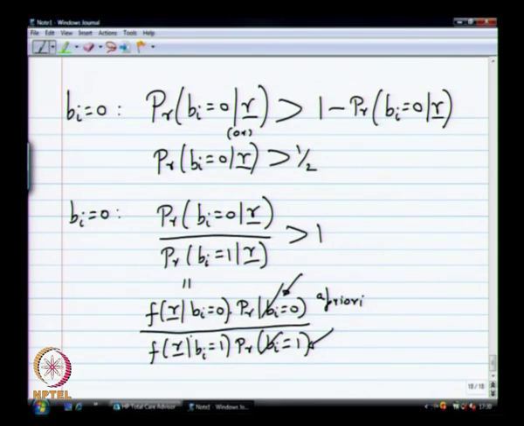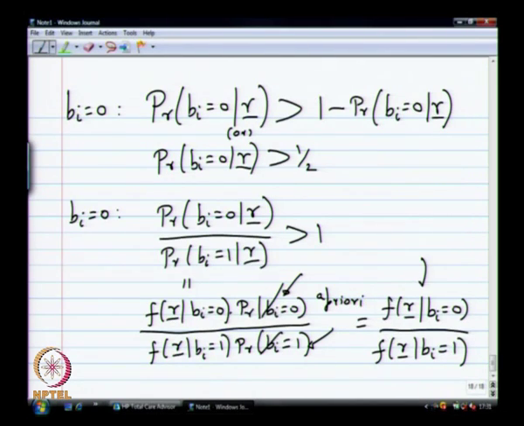So this ratio actually becomes the same as the ratio of the likelihood of R given Bi is 0 and the likelihood of R given Bi is 1. This is called the likelihood ratio.